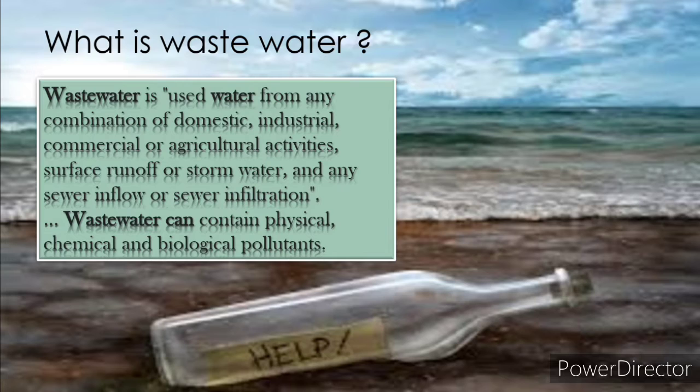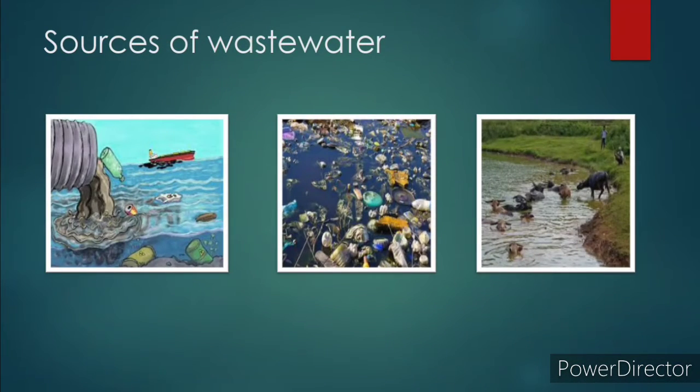We all use water, because water is a lifeline for all of us, but still, due to some household activities at our house only, we make the water dirty. Now, here you can see the different sources of wastewater.